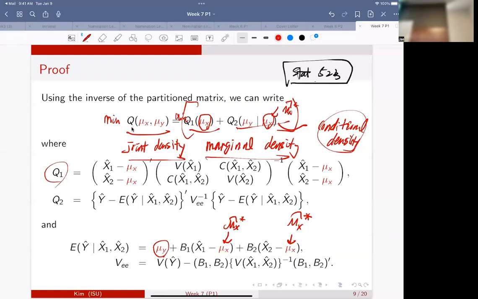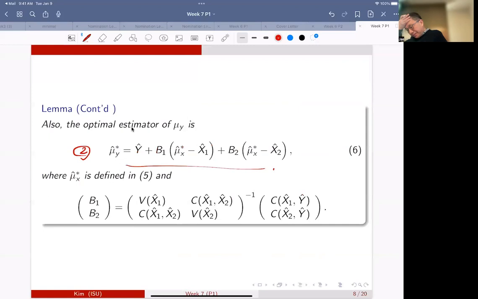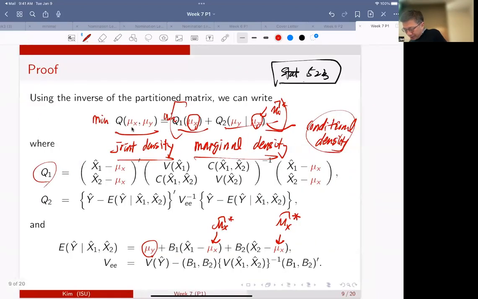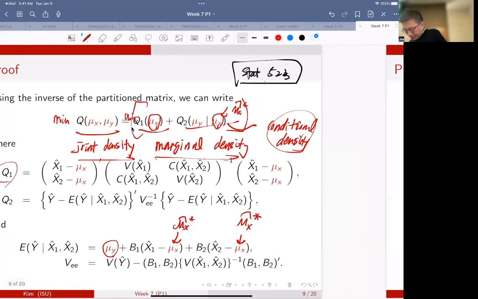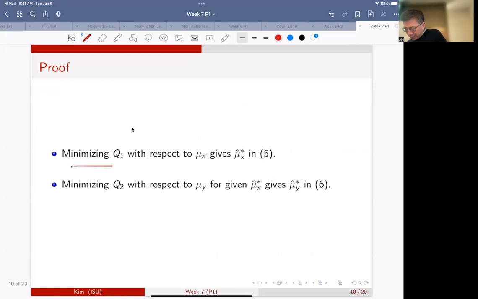That will give you your answer, which gives us this form.